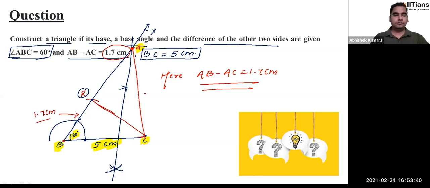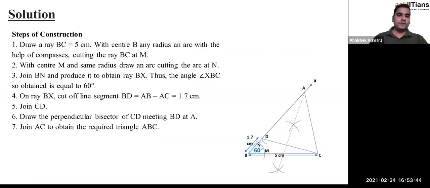Done? All right. So here you can see the step-by-step solution for this particular problem. What they did first, they drew one ray BC, which is equal to 5 centimeters. So this is your BC that you have. With B as a center and any radius, they are basically trying to make 60 degree here. So they are able to draw 60 degree, right?